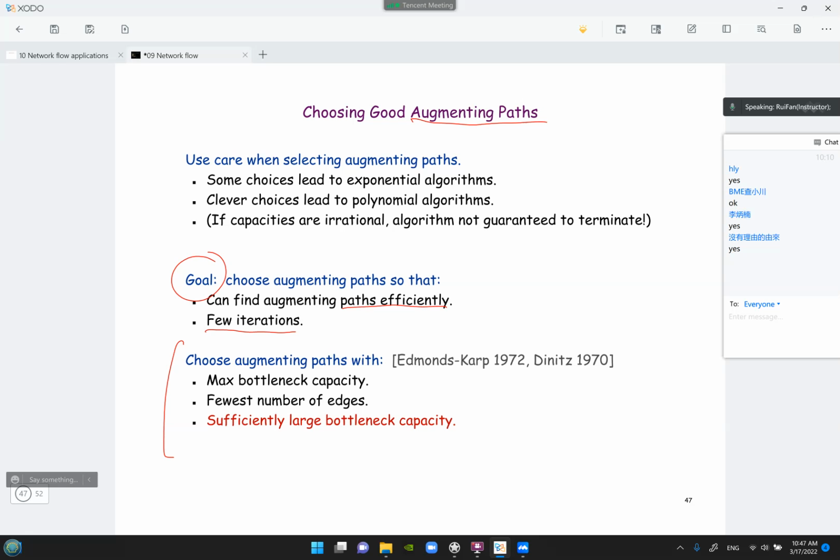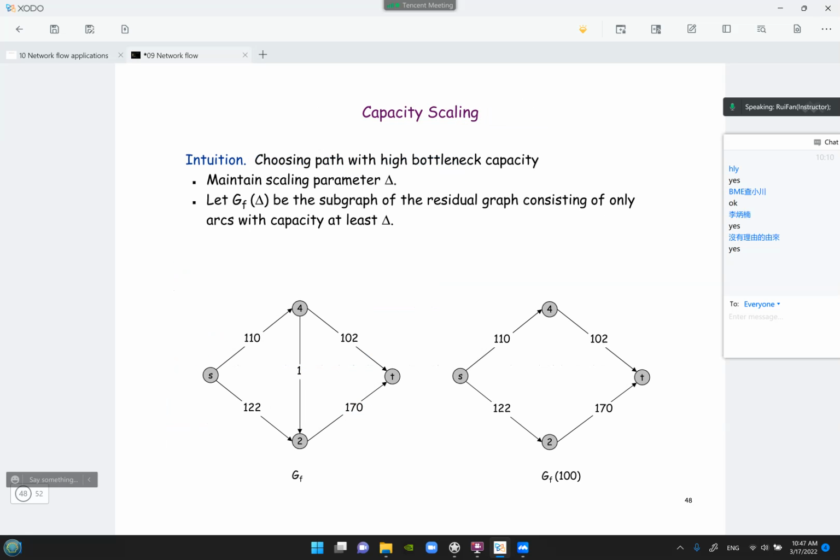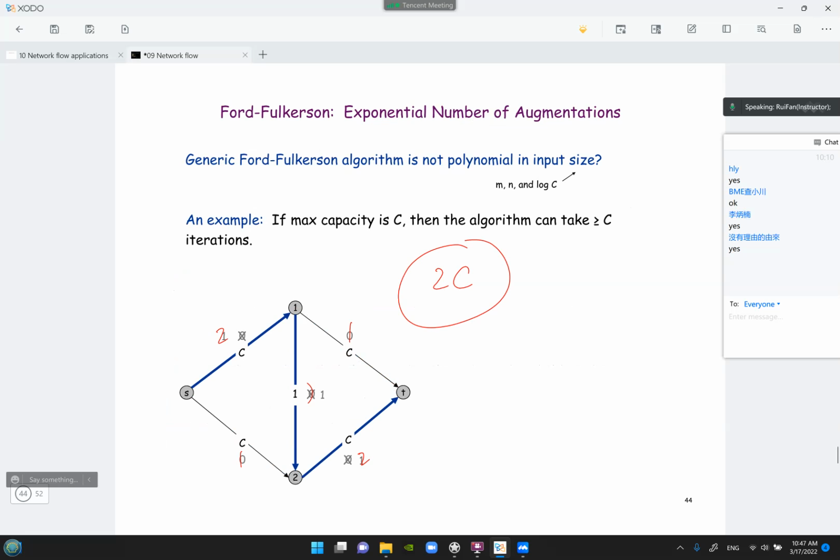Today I'm just going to talk about one particular algorithm, which is called capacity scaling. The basic idea for capacity scaling is, let's go back to this worst case example. The problem here was that when you find these augmenting paths, you only increase your flow by a tiny amount, and your max flow is very large, so you have to run many iterations because each iteration is very ineffective.